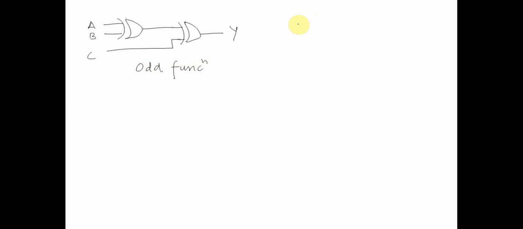What we do is we XOR A and B, we XOR with C. This is even function, right? So basically, this we talk about three input variable and odd function.